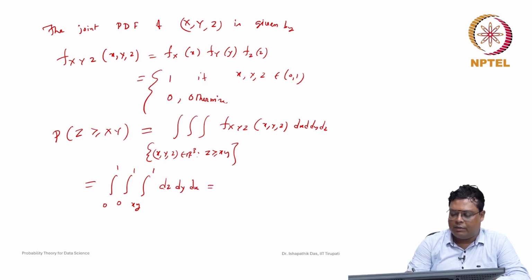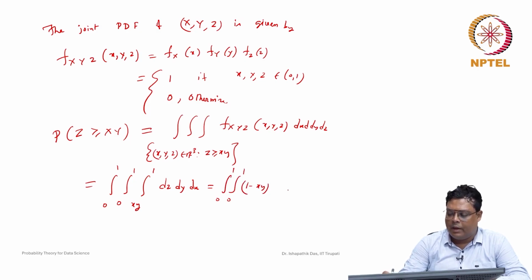Now if you integrate with respect to dz first, you take the limits. So this is 0 to 1, 0 to 1, of 1 minus xy, dy and dx.